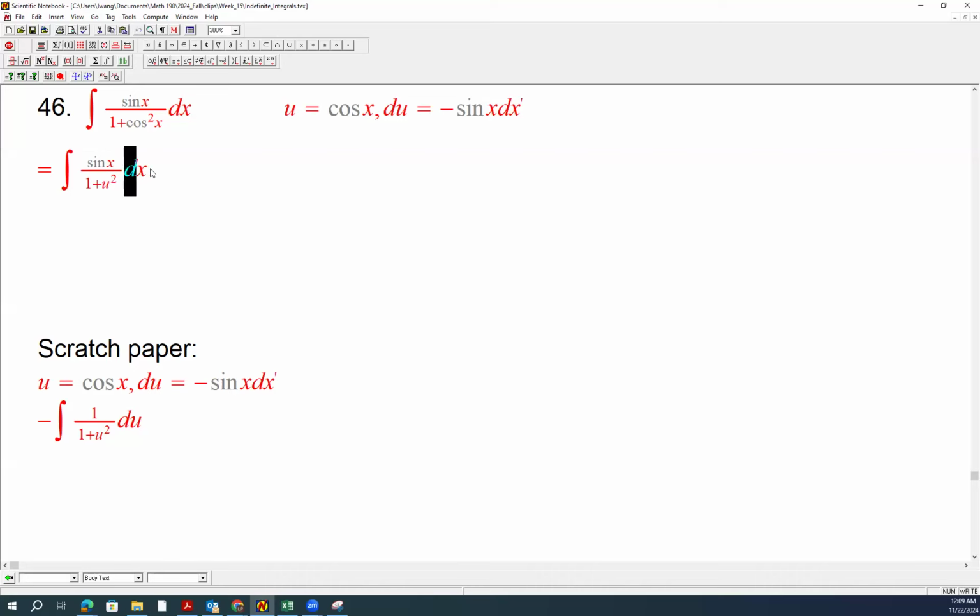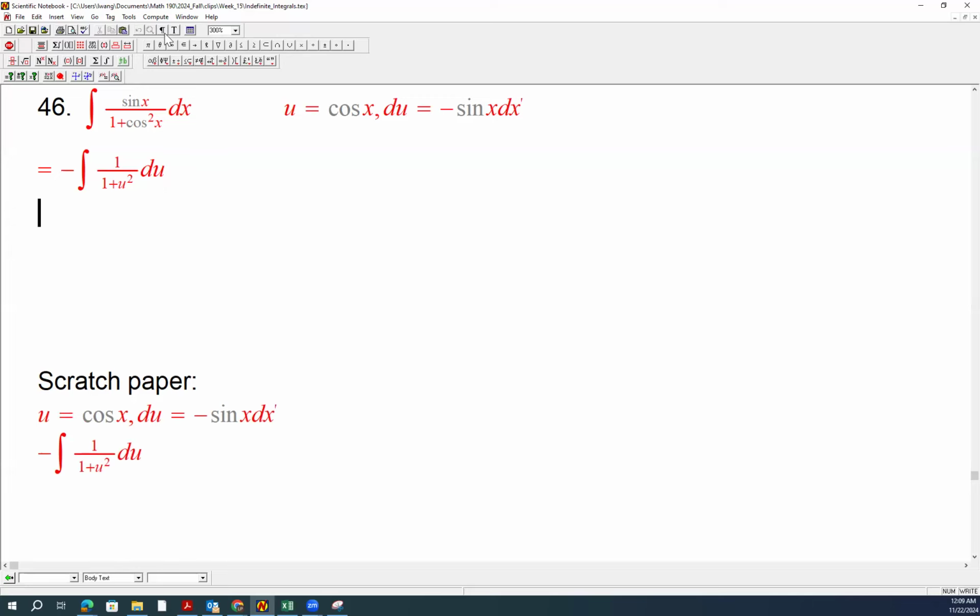Sine x dx, that's negative du, and there's a negative sign in front of it. Voila. So we got something that's arctangent u, plus a constant.